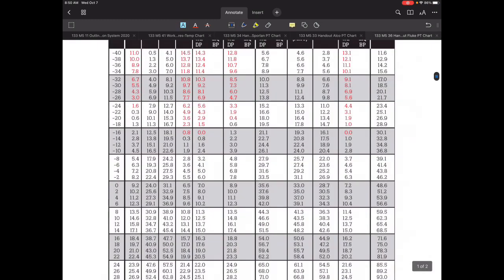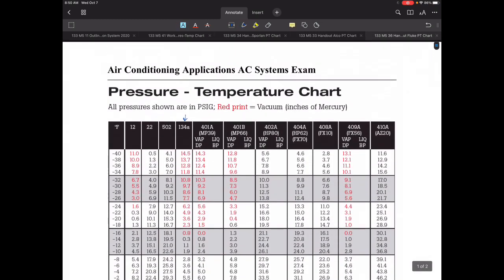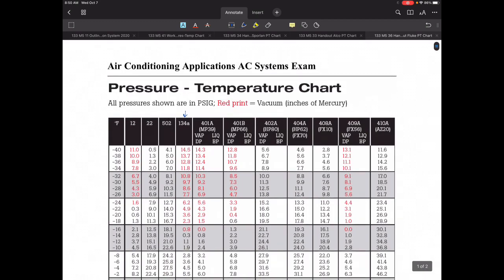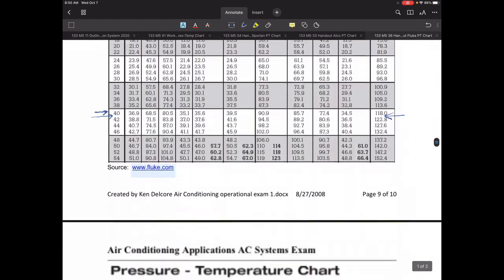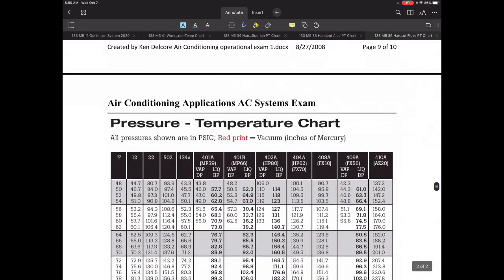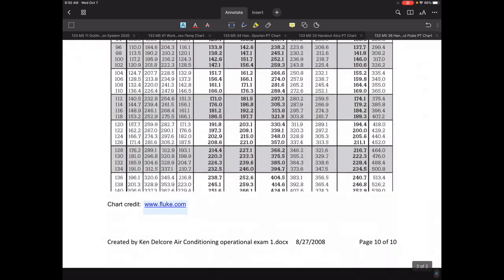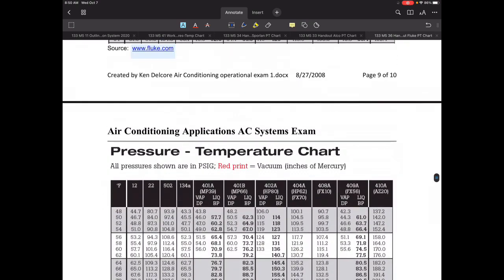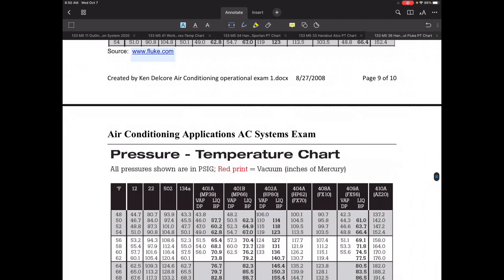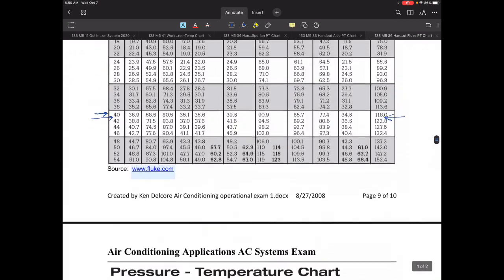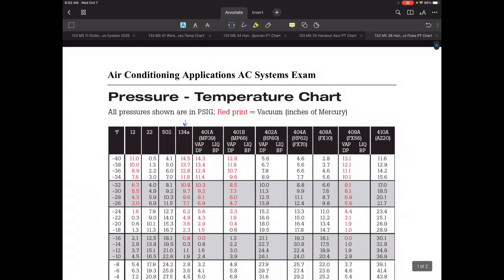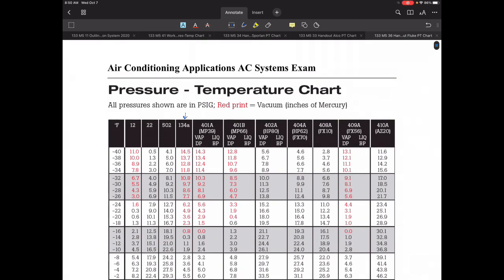If I go to the Flute chart, let's see if 507 is listed on this particular one here. 407, 507, and I do not see 507 listed on this particular chart. So they evidently haven't done that.